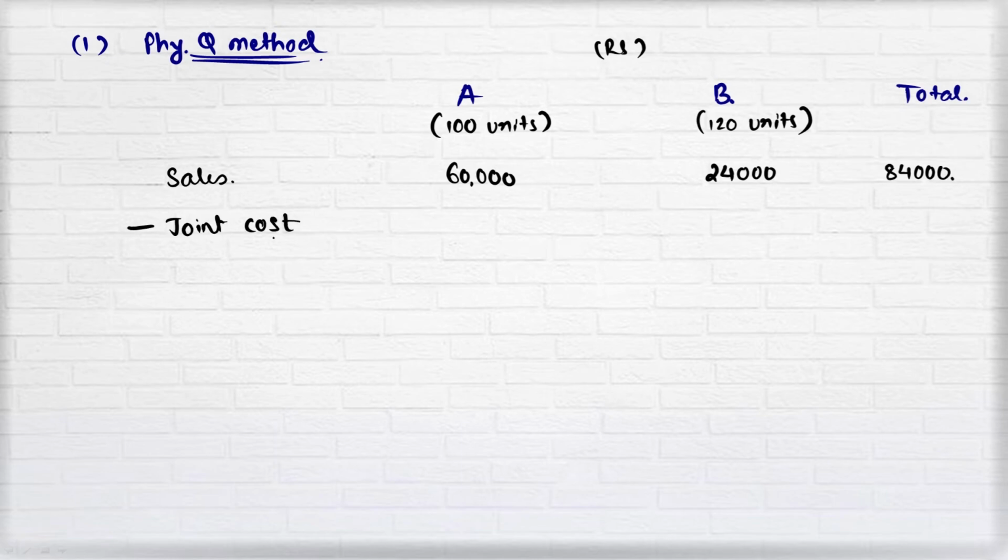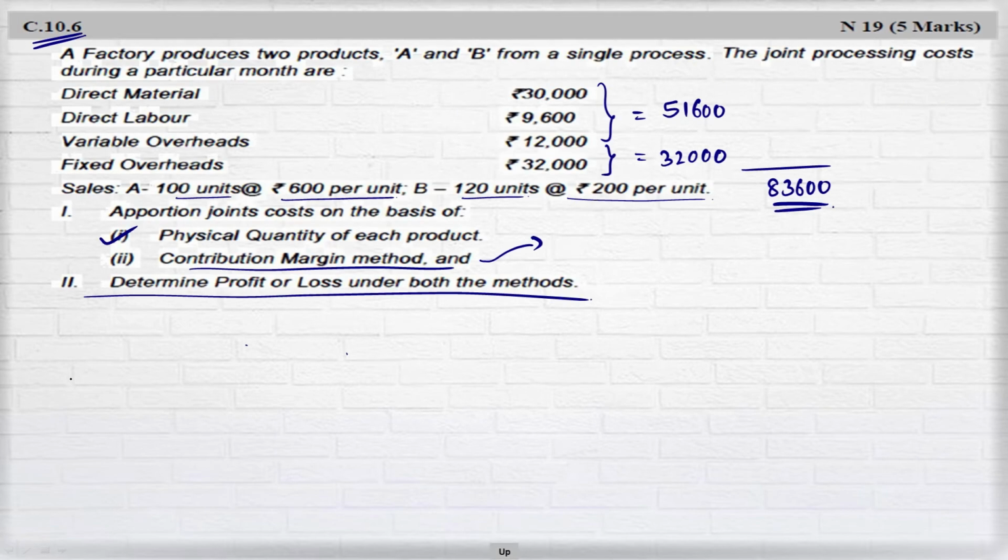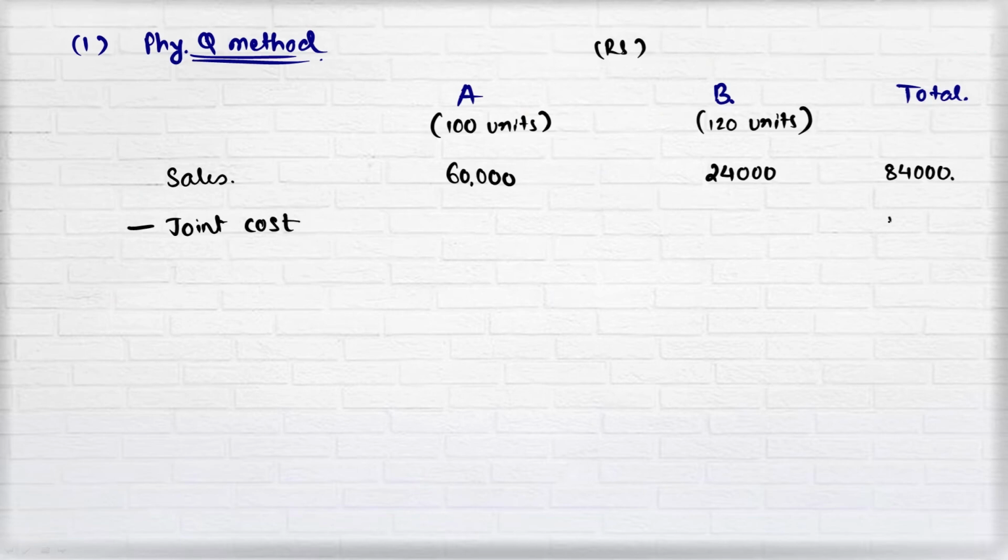Now I am not distributing variable and fixed separately because I know that I am going to distribute joint cost in the ratio of physical quantity. Joint cost is 83,600. My profit will be 400. Joint cost of 83,600 will be distributed in the ratio of physical quantity. What is physical quantity? 100 is to 120.